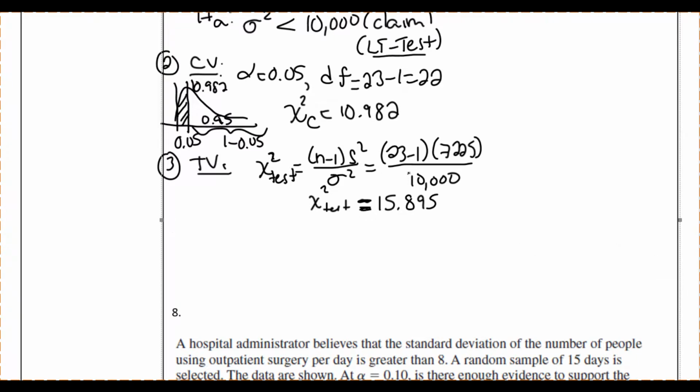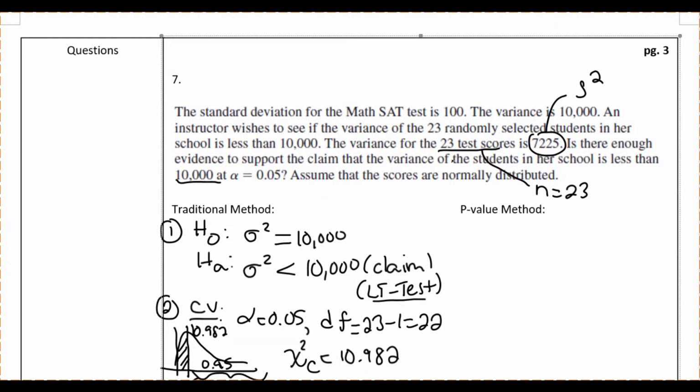All right, so I went ahead and plugged the numbers into the formula. The n is 23, so we did 23 minus 1. The s squared is the sample variance. If we go up to the problem, it said that the variance for the 23 test scores is 7225, so that was our sample variance.